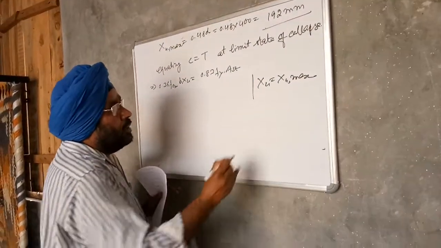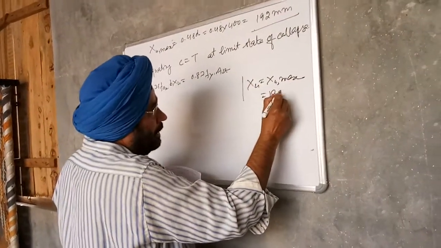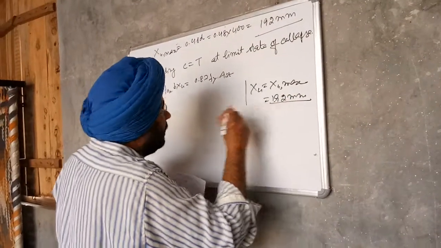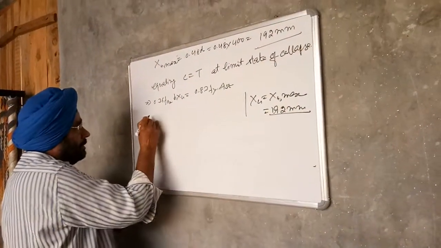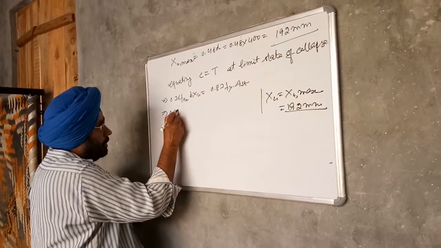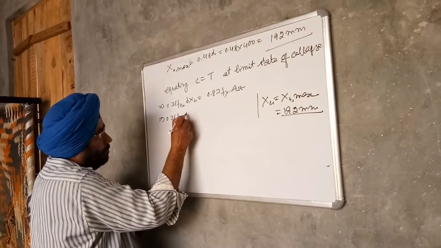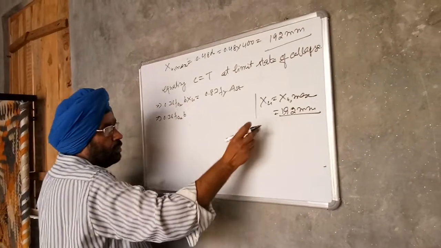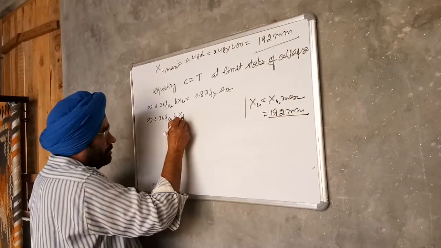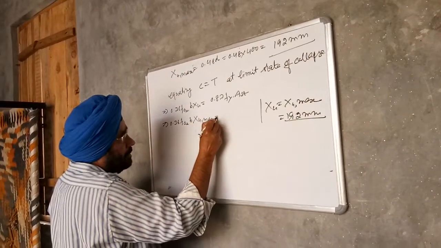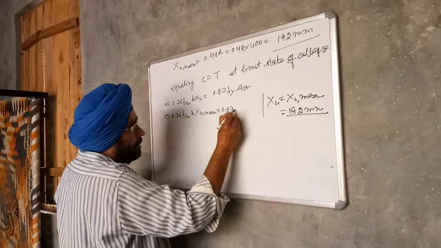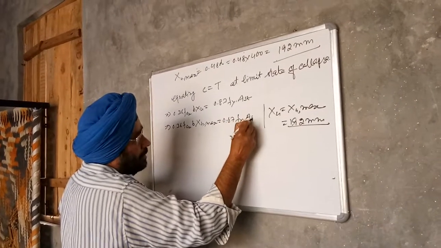So xu max is 192 millimeter. So for balanced section, 0.36 fck b, instead of xu, we put xu max, equals 0.87 fy Ast.